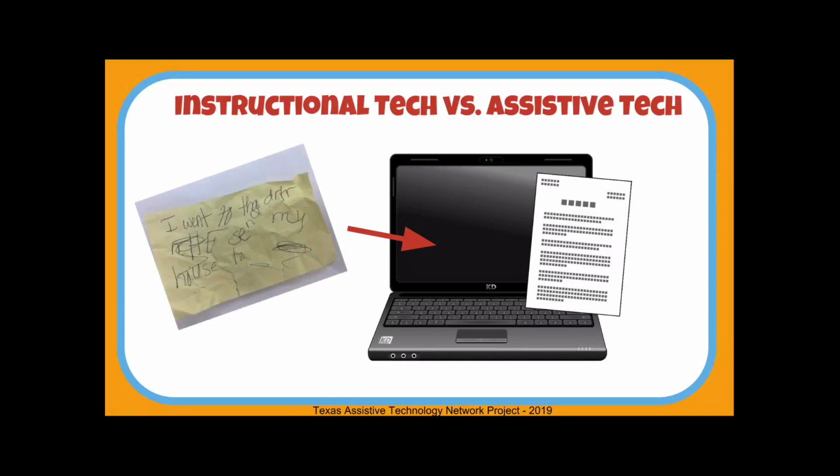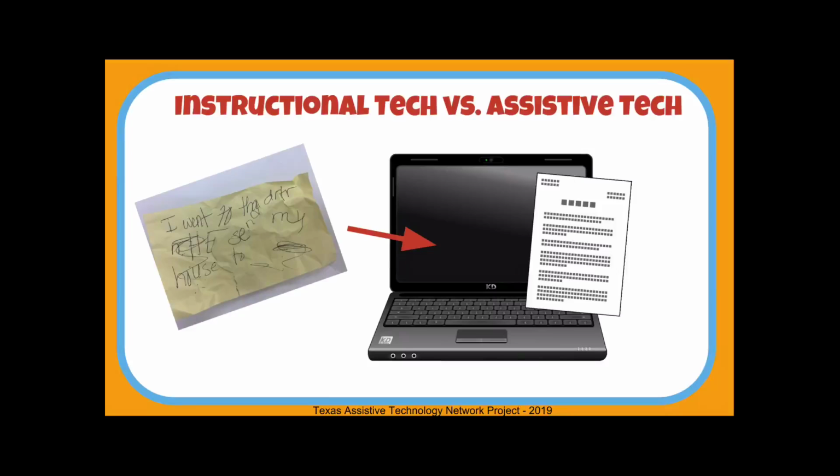In this example, the student's work on the left is what it looks like when the student creates a paragraph or written response. It's difficult to read, it's incomplete, it might be torn or scribbled, things might be crossed out and erased.